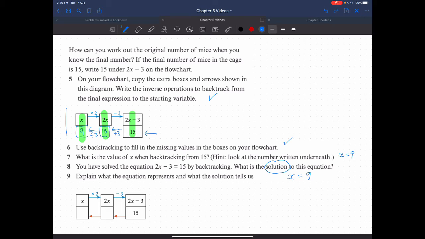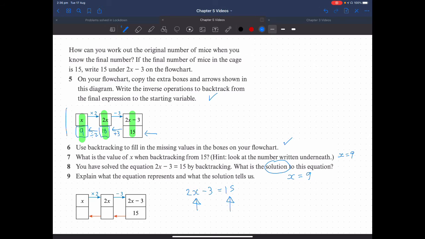Question 9 says, explain what equations represent and what the solution tells us. The equation 2x minus 3 equals 15 tells us about the mice.